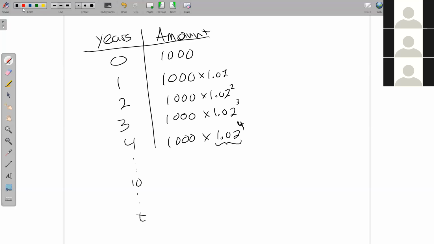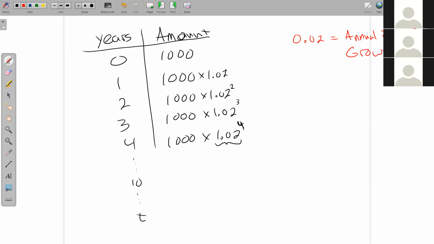So a note on some terminology, the 0.02, right, that is my annual percentage rate. It's also known as a growth rate. Right?